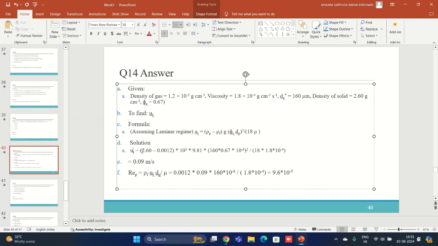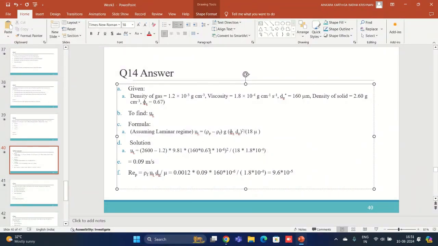UT is equal to... I want to substitute it in SI units: 2600 minus 1.2, that is rho p minus rho f, into g into phi s into dp square.